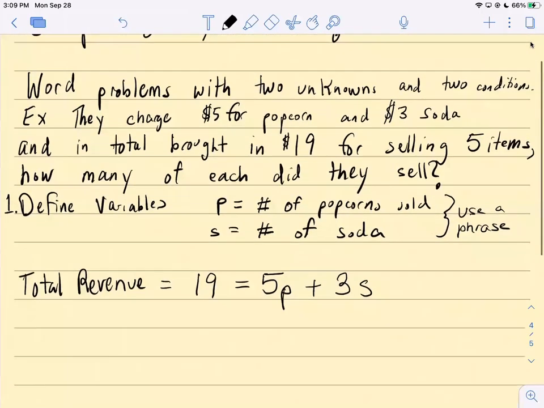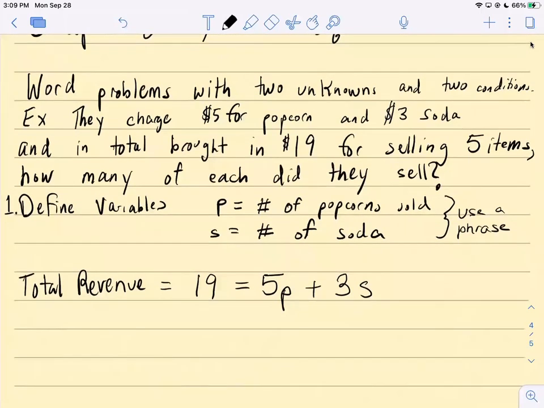And what's another equation that we can write down that would represent the total quantity? It's a really simple equation to represent the total quantity. How many items do we sell in general? P and S are not like variables we can combine, because one is the number of popcorn, one is the number of sodas.